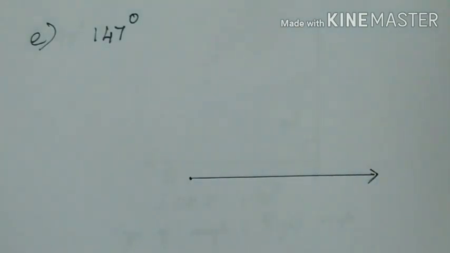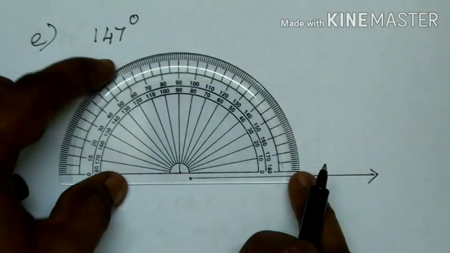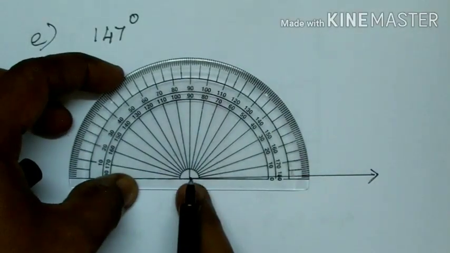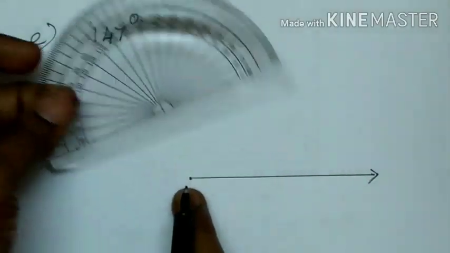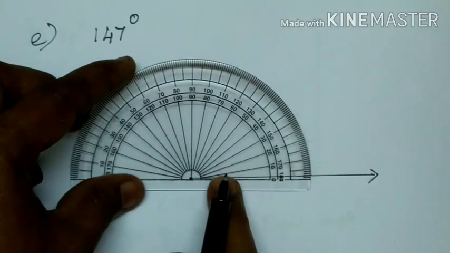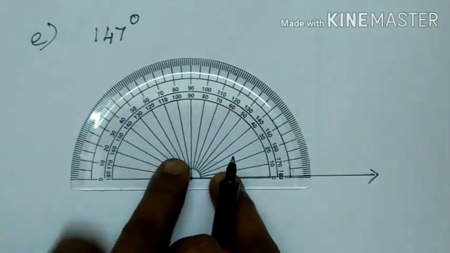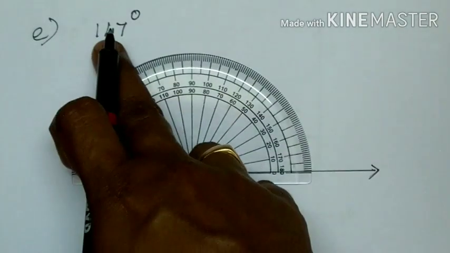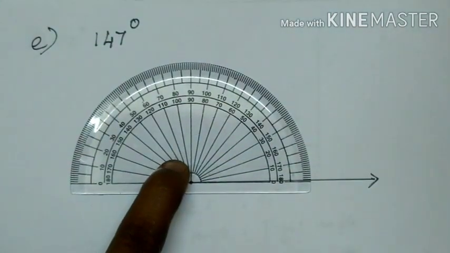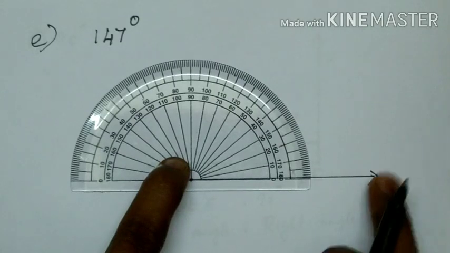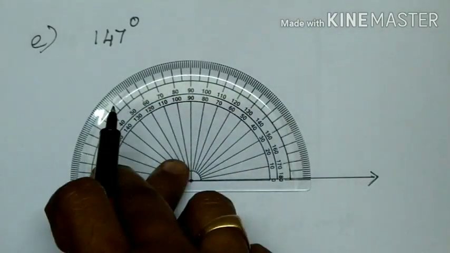So, place the protractor above the ray, and the midpoint of the base is placed above the vertex of the ray, and then we want to measure 147 degrees. So on the right side arrow mark we can use the inner scale.